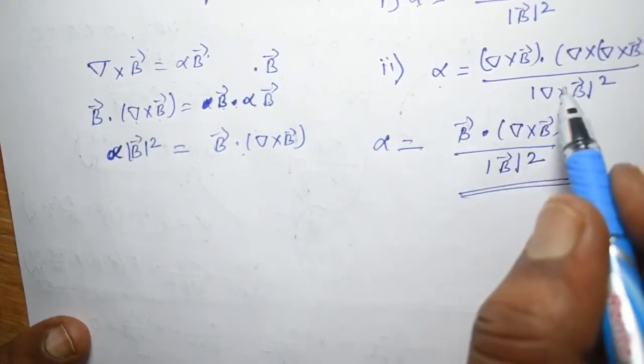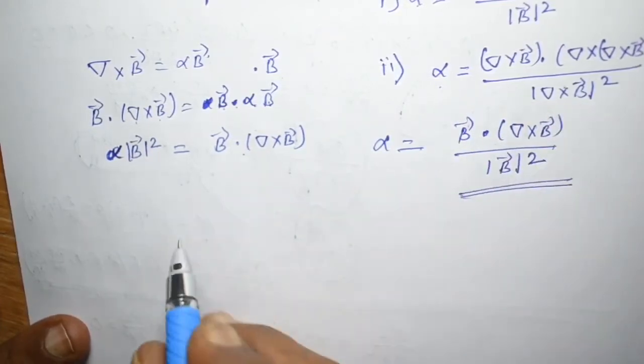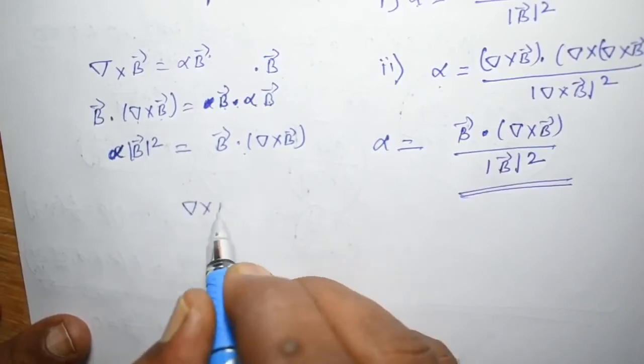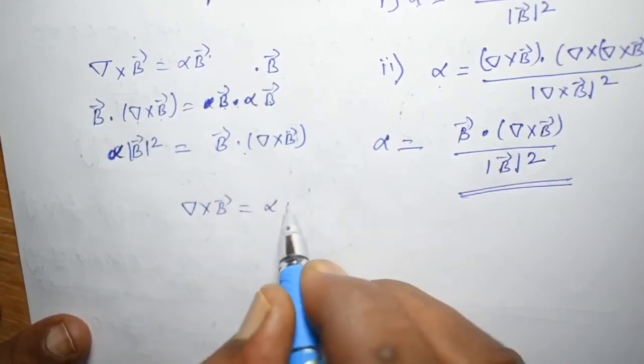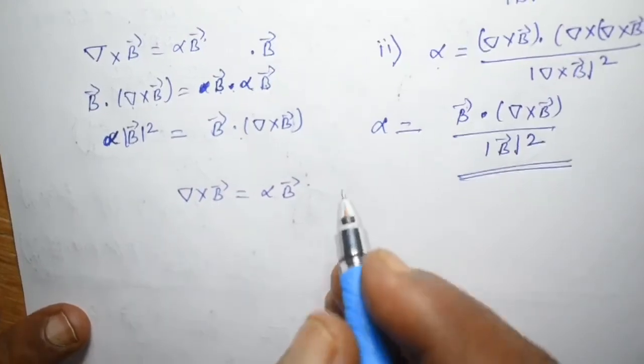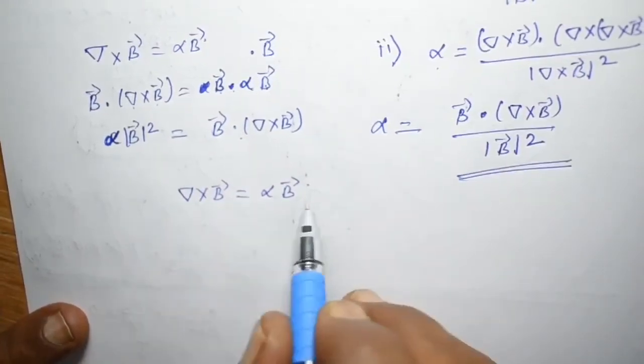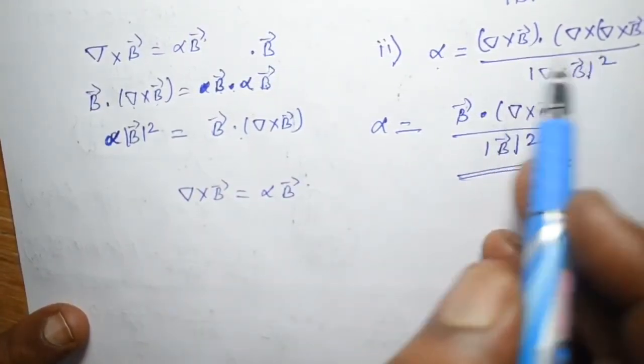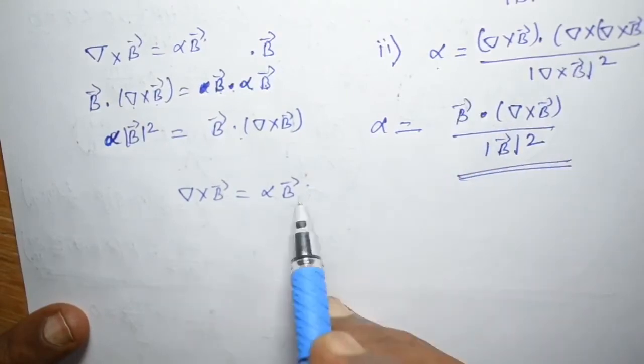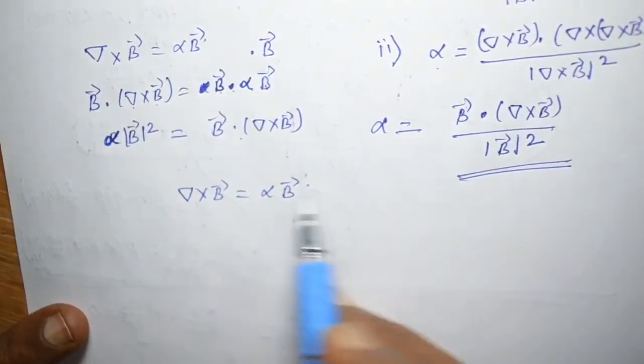Alpha can be written in this form. For that also you have to consider the same equation, curl of B is equal to alpha into B, right? Now I am going to take curl on both sides of the above equation, since curl is there.